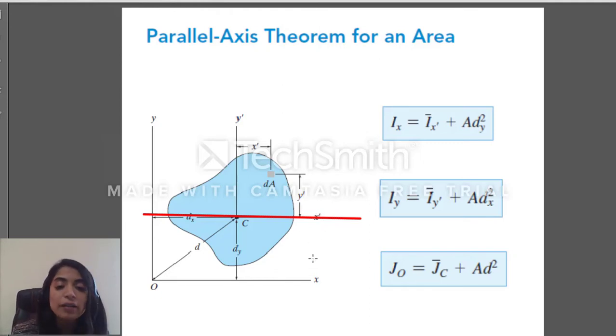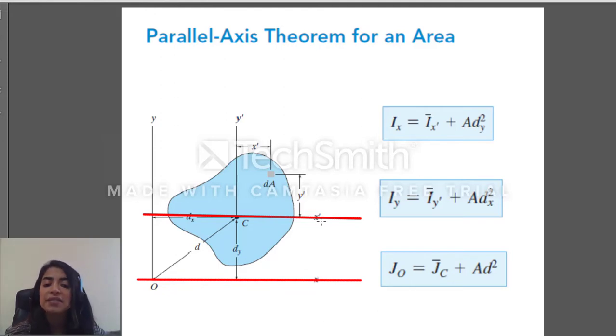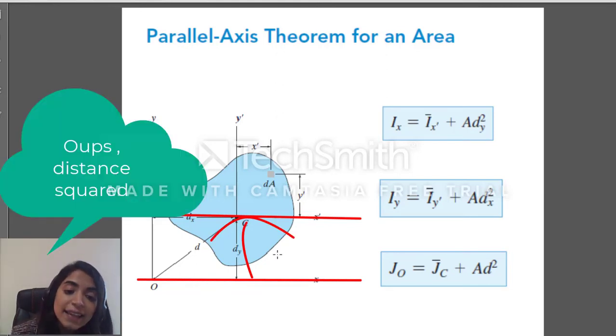If I need to find I around another axis x parallel to this x prime, but it is not passing through C, I should apply this theorem. So this theorem states that I around this axis is equal to Ix prime given by the rules of the regular shape plus the area that I am finding its moment of inertia times the distance in y direction between this x and this x prime.